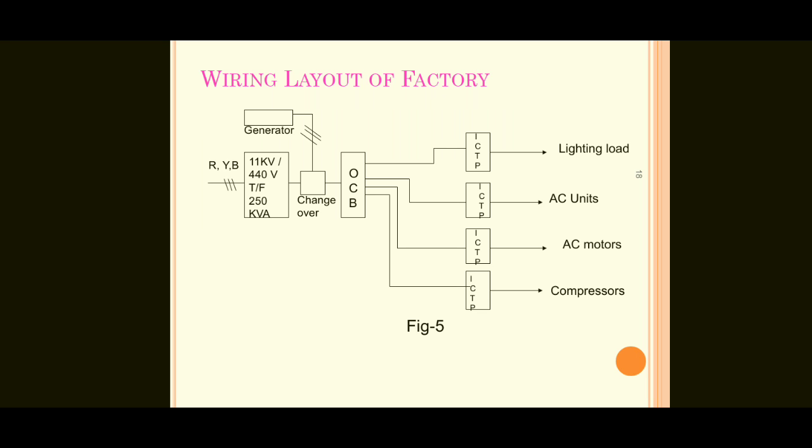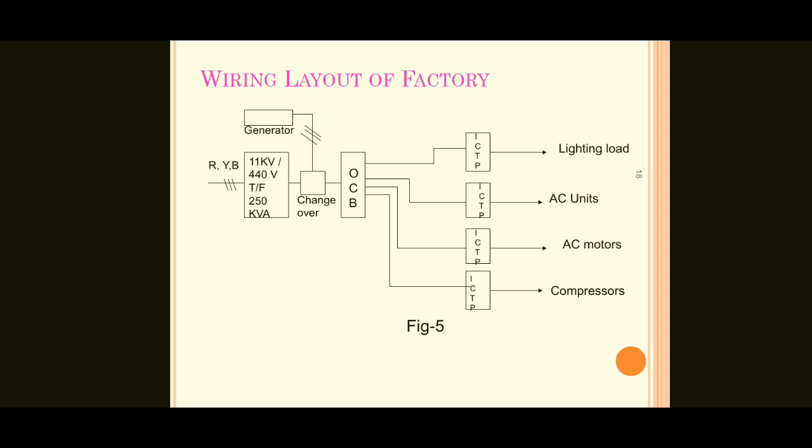Wiring layout of factory. So this is a wiring layout for a small factory. Generator. The voltage is stepped down from 11 kV to 440 volt. Transformer rating 250 kVA.